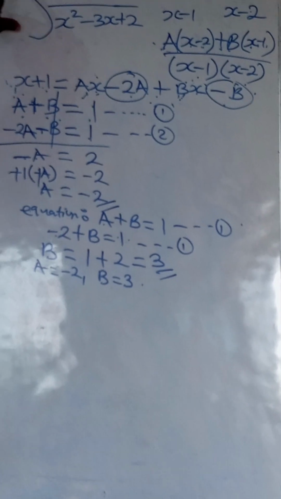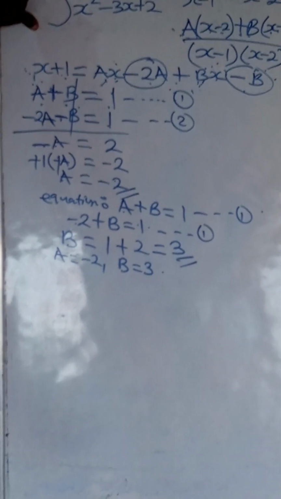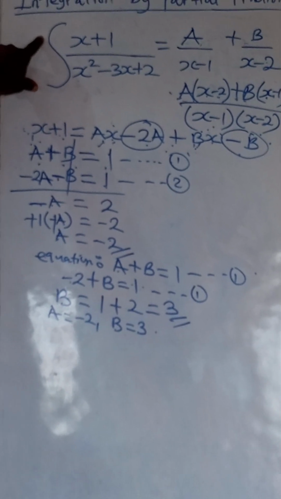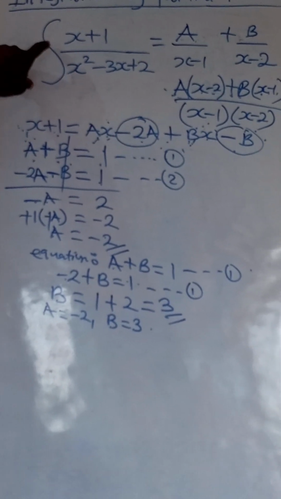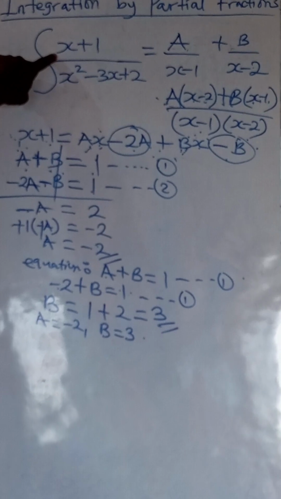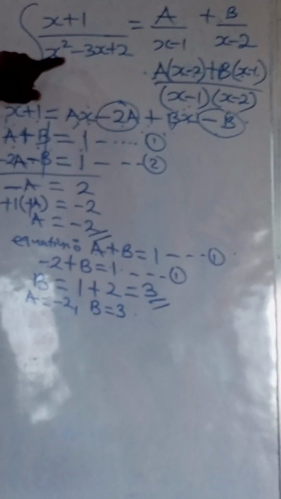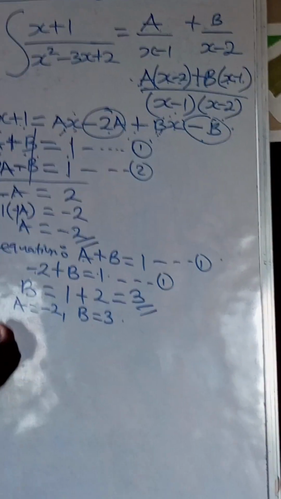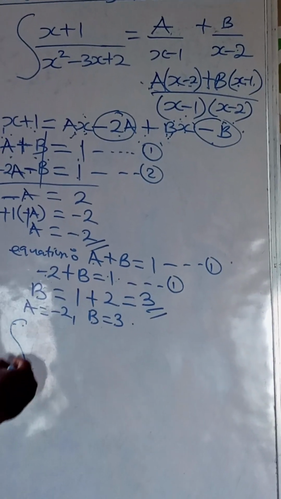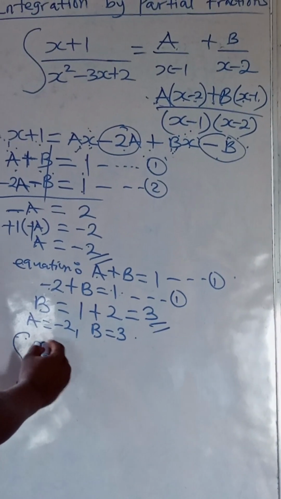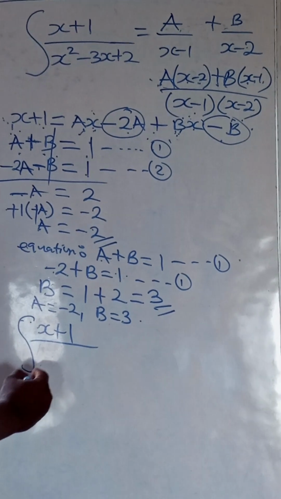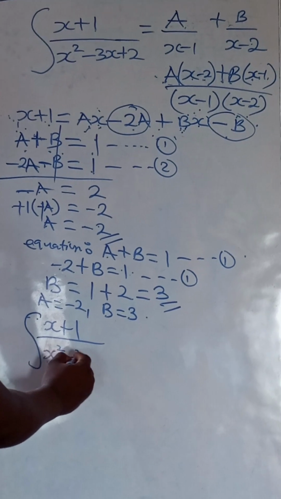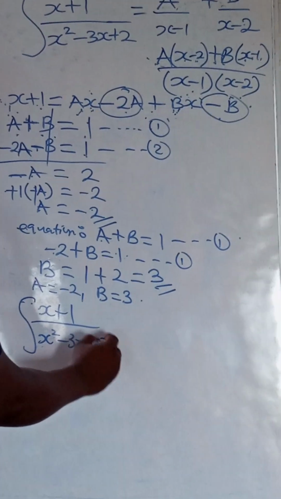Now going back to the integral function, which is the integration of x plus 1 over x squared minus 3x plus 2. Let me rewrite that. I have x plus 1 all over x squared minus 3x plus 2.